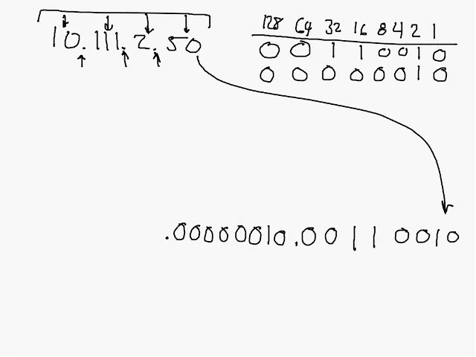Our third octet would be 111. So 111 minus 64 is 47. So a 1 in the 32 position yields 15, 0 in the 16, and these numbers together all equal 15.